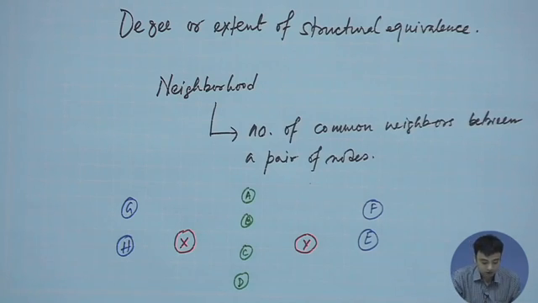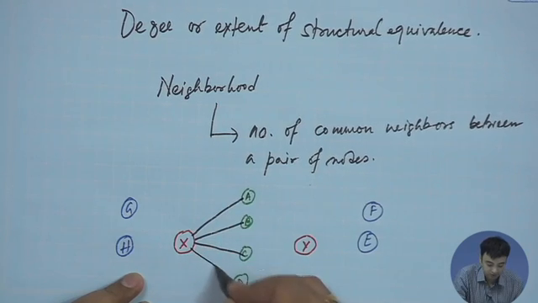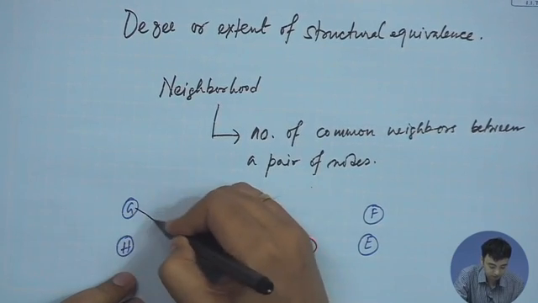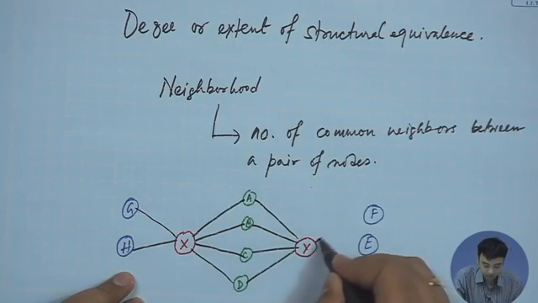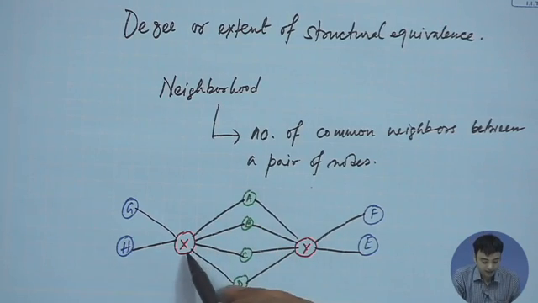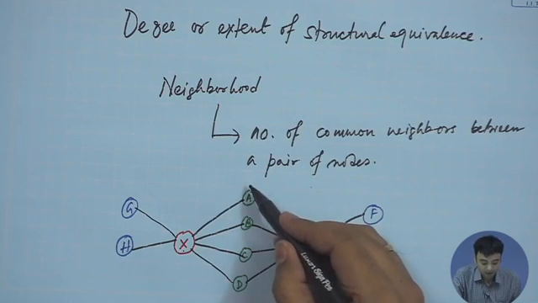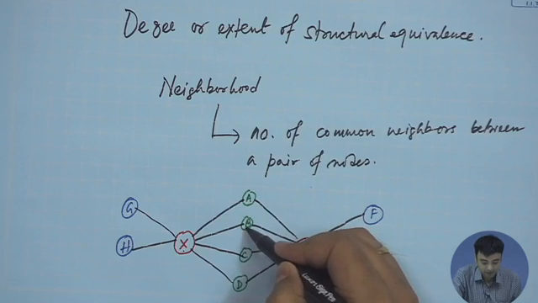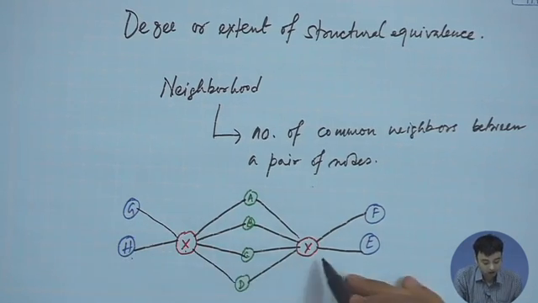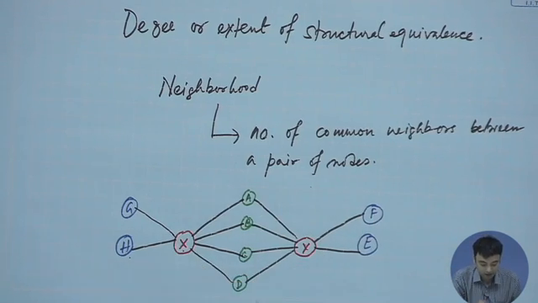Now suppose the neighborhood structure is defined like this by the black edges that I am drawing. If you look at this example, node x and node y have a common neighborhood of 4 other nodes a, b, c, d, whereas x has 2 other neighbors g and h which are not connected to y, and y similarly has 2 other neighbors f and e which are not connected in any way to x.